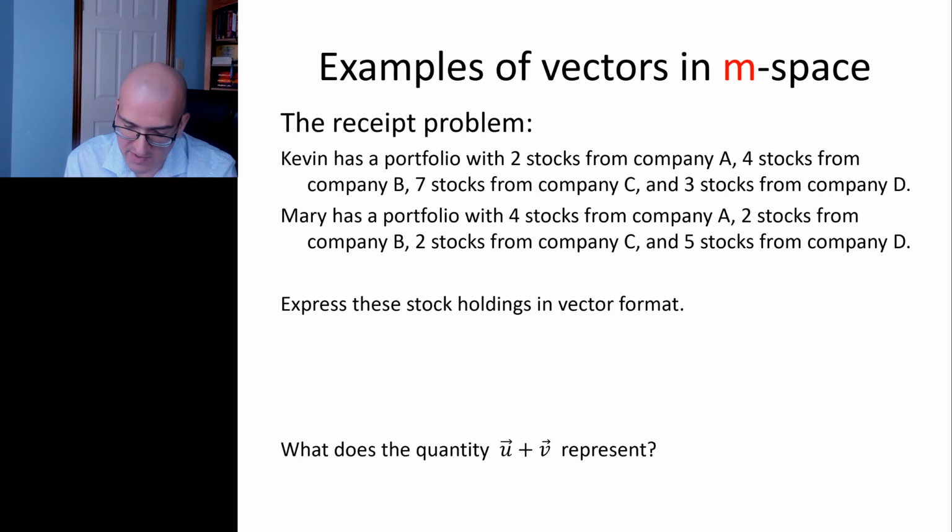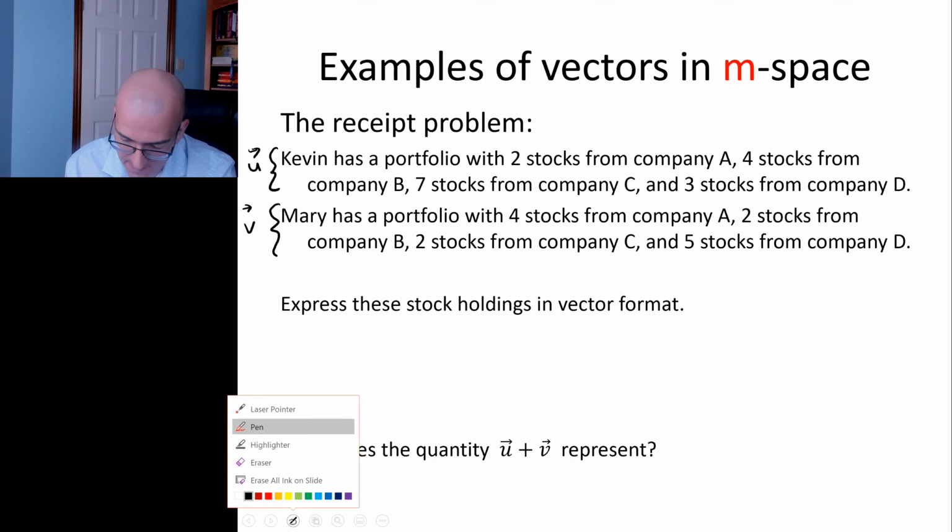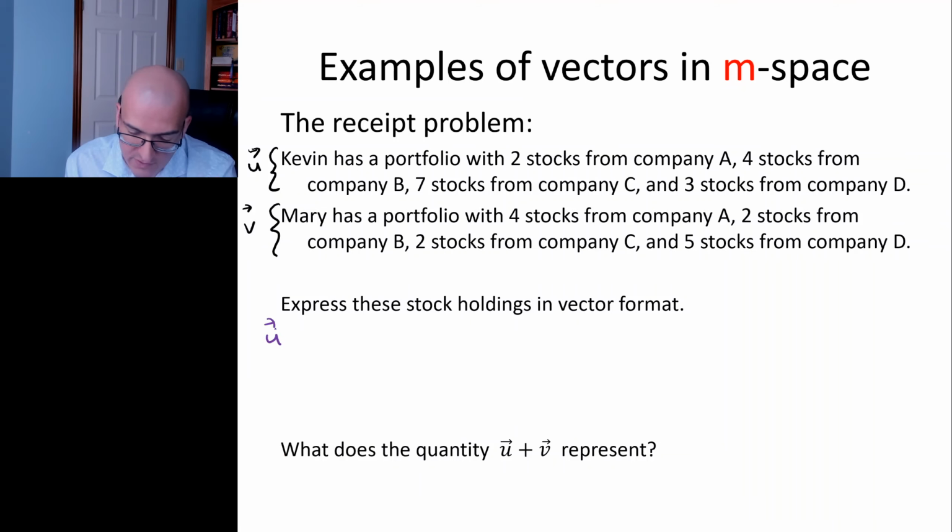For Kevin, I'll use u for the vector, and for Mary, I'll use v for the vector. So u is equal to, the first component being the number of stocks from company A, 2, and then company B, 4, company C, 7, and company D, 3.